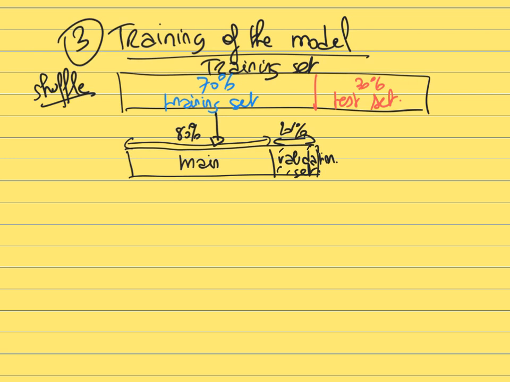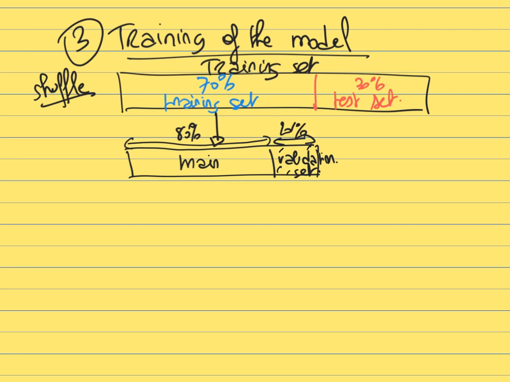So maybe the number of neurons was specifically chosen for this test set, which means that this test set now is not a fair test for the model to see how well it's predicting unknown data. If you provide some new unknown data to the model, maybe it's not going to predict it very well because you chose the number of neurons specifically to reproduce this test set, and maybe it's not going to work well for another test set.